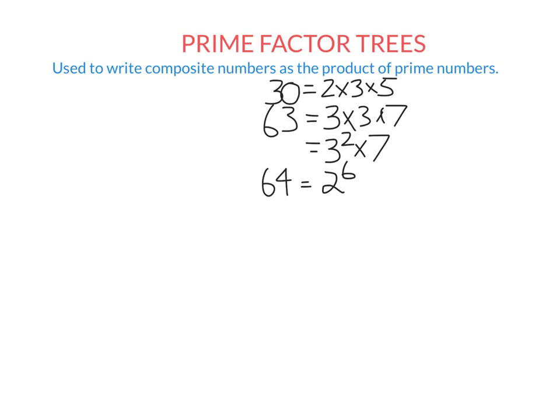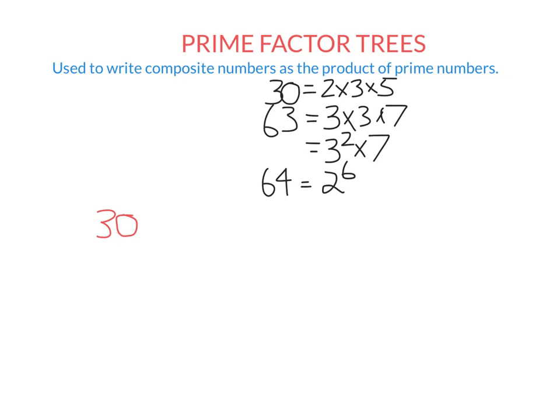Okay, so how do I actually find this? How do I get a number like 30 and find the prime numbers that I can multiply to get it? Well, I actually use prime factor trees. So let's look at 30 and we'll draw a factor tree for it. We want to factorize 30. We want to write 30 as the product of any two numbers at this point.